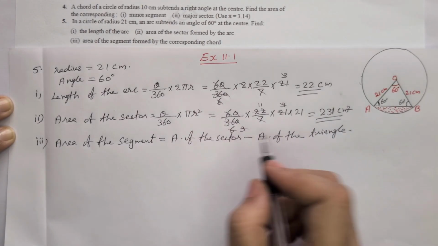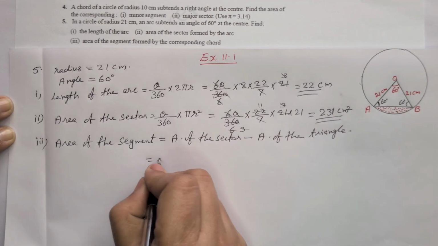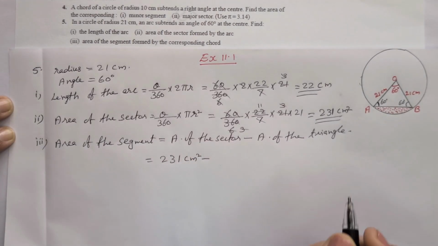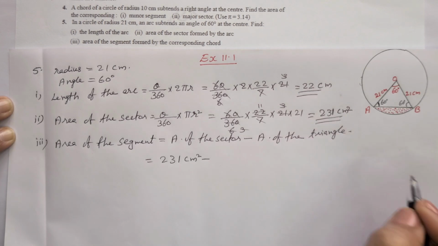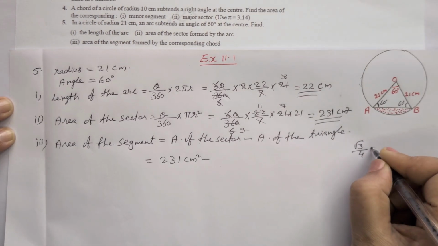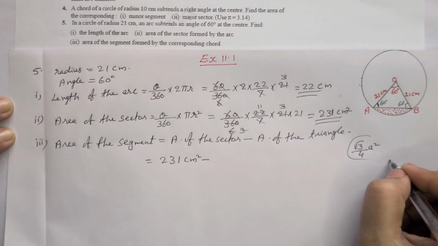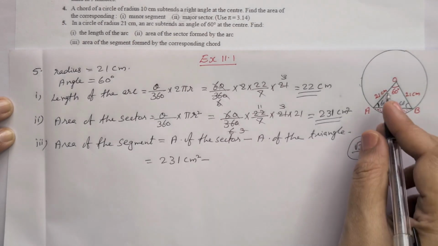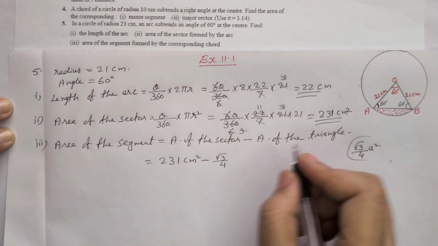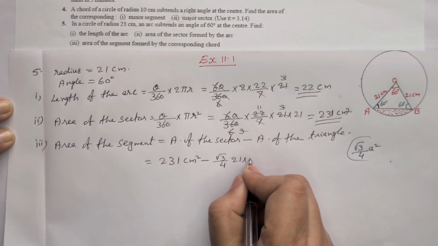Here area of the sector we got as 231, minus area of an equilateral triangle. We know the formula, that is root 3 by 4 a square. So here a is radius. Root 3 by 4 into 21 into 21.